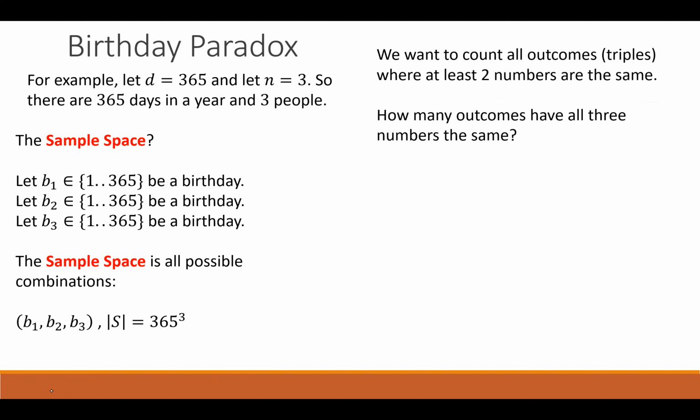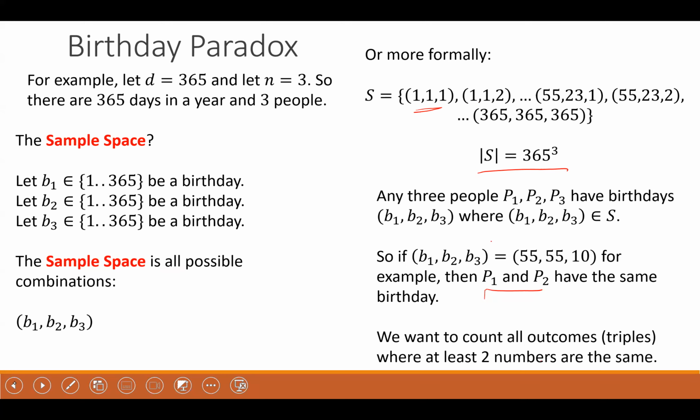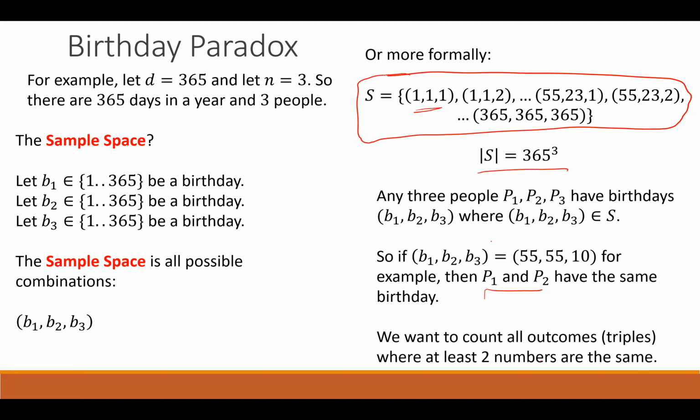So we can break this down into two subsets, same as we did with the dice. So we can think about how many outcomes have all three numbers the same. I'm not showing the list anymore. Let's go back. So here is my sample space S. So how many of these outcomes are there where all three people have the same birthday?